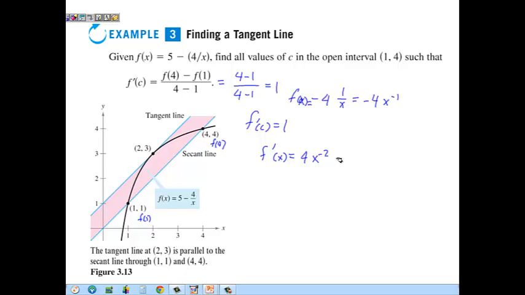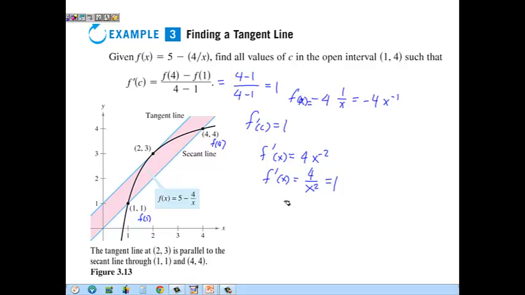So that would be the derivative. Okay, move the x back into the denominator. And we want that to equal 1 because the slope is 1. So this gives you the instantaneous slope, and we want it to be right there.